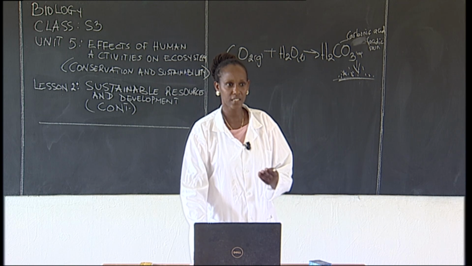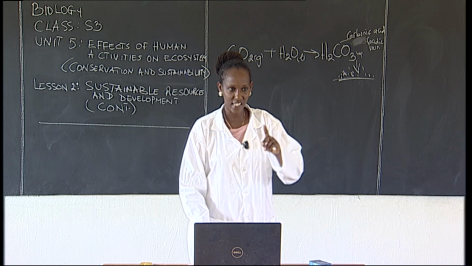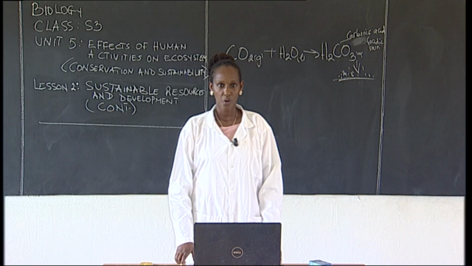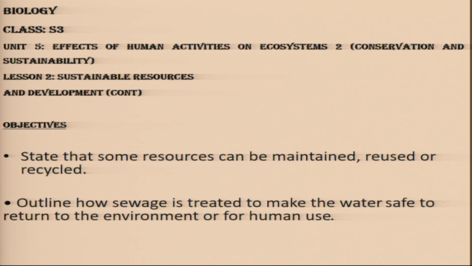So I hope that, as our objective was, everybody now, if asked, can tell some of the resources that can be maintained or reused or recycled. All right? What are they?